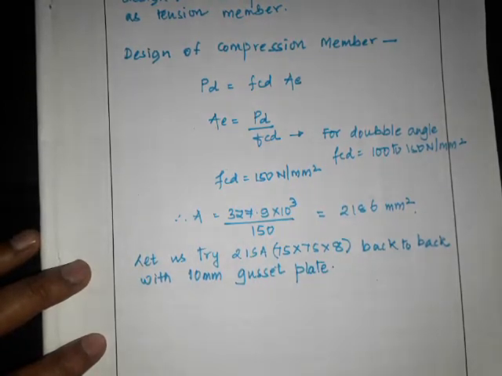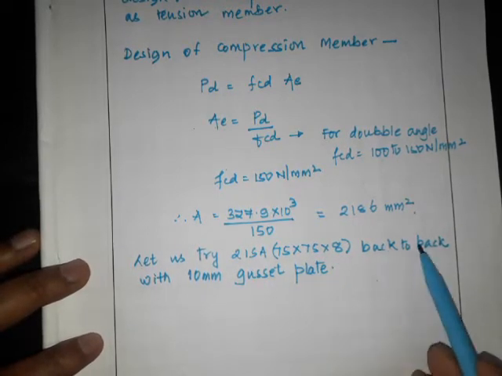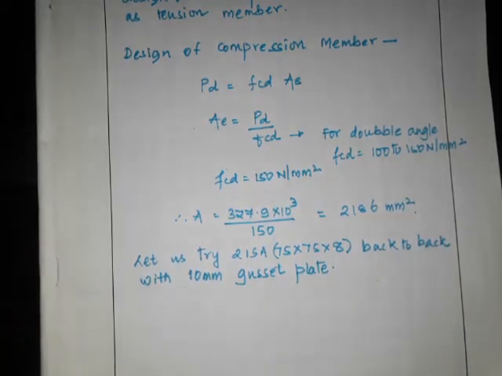So I have selected 2 ISA 75 by 75 by 8 back to back with 10 mm gusset plate. I will show you in the steel table.